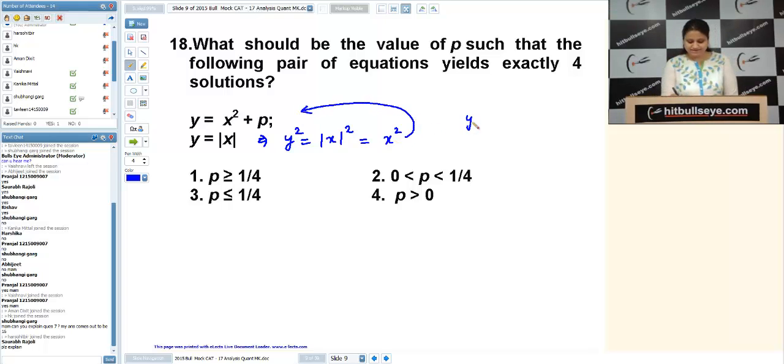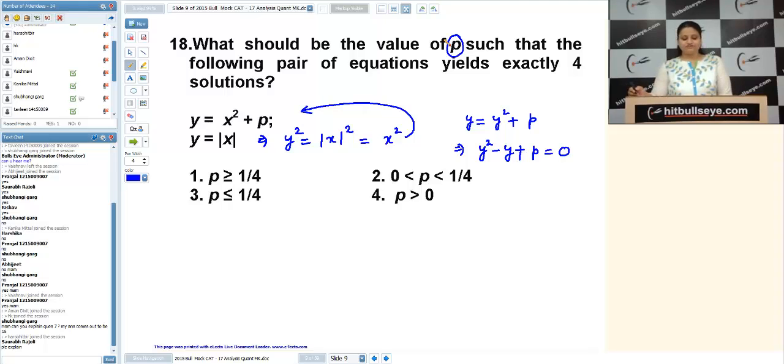Now I'm putting the value here. So I'm getting y is equal to y square plus p. Now this equation will become y square minus y plus p is equal to 0. We want to take that value of p for which these equations yield exactly 4 solutions.